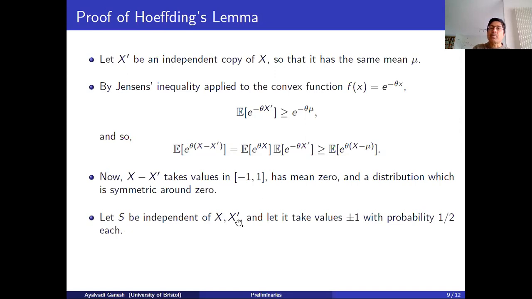X and x prime could be continuous. Now, let's look at the random variable s times (x minus x prime). By the symmetry of the distribution of x minus x prime, whether you multiply it by 1 or multiply it by -1, it has the same distribution. So this random variable has the same distribution as x minus x prime.